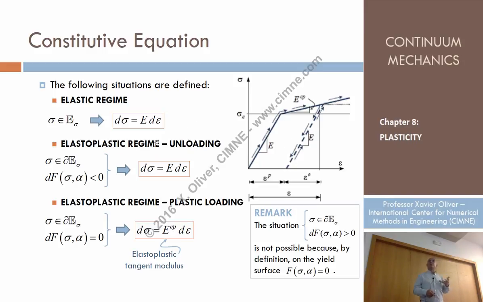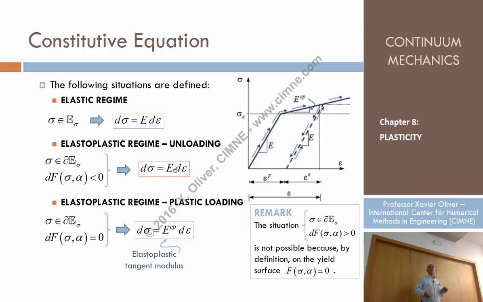Okay, but this is now the constitutive equation. For all possible situations, we now know how the variation of the stresses is going to be. It is typically elastic in the elastic branches. Elastic if we are at the yield surface but in unloading, so tending to move to the interior of the elastic domain.